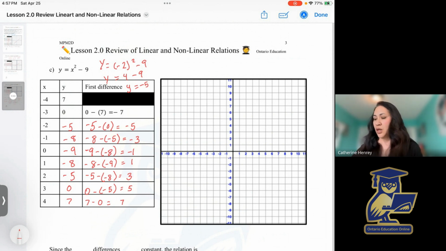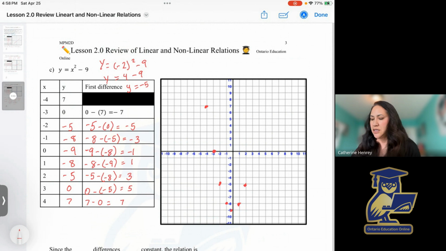Let's go ahead and start plotting some of these points. So we have negative 3, 0, negative 4, 7, negative 2, negative 5, negative 1, negative 8, 0, negative 9, 1, negative 8, 2, negative 5.